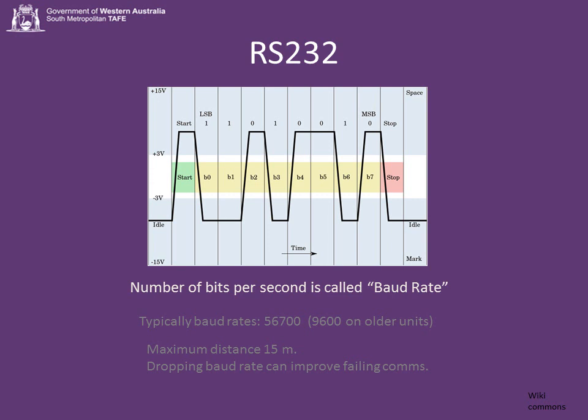Now it says here maximum distance 15 meters. That's what it says in the book. Oh, you'll be really lucky to get 15 meters. If you drop the baud rate, you can improve the comms. So if you need to get 15 meters and you can't, if you drop the baud rate right down, you'll find you actually can.